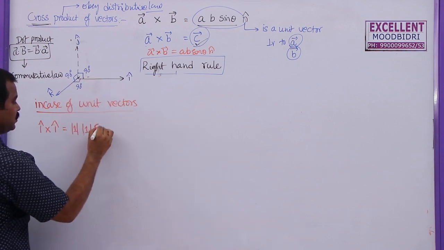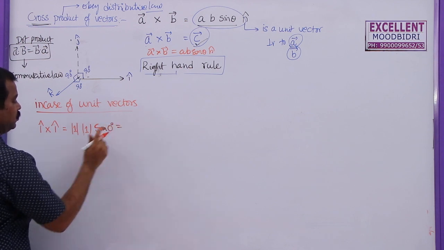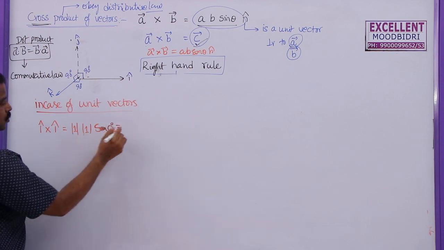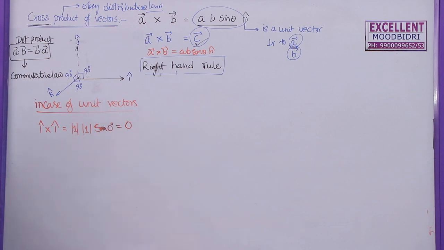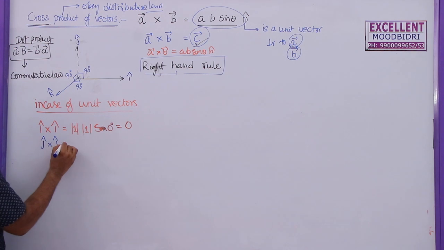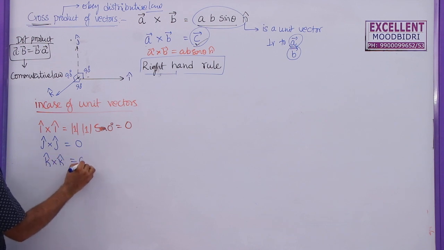So this is sin 0. This is 1 into 1, 1 into 0, 0. So if you multiply two similar unit vectors, that is I with I, you will get 0. Similarly, j cap cross j cap is also 0. K cap cross k cap is also 0.